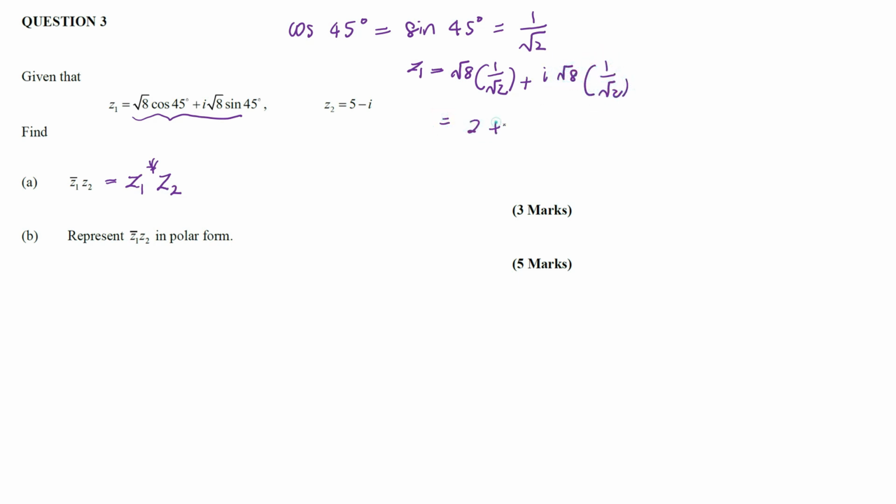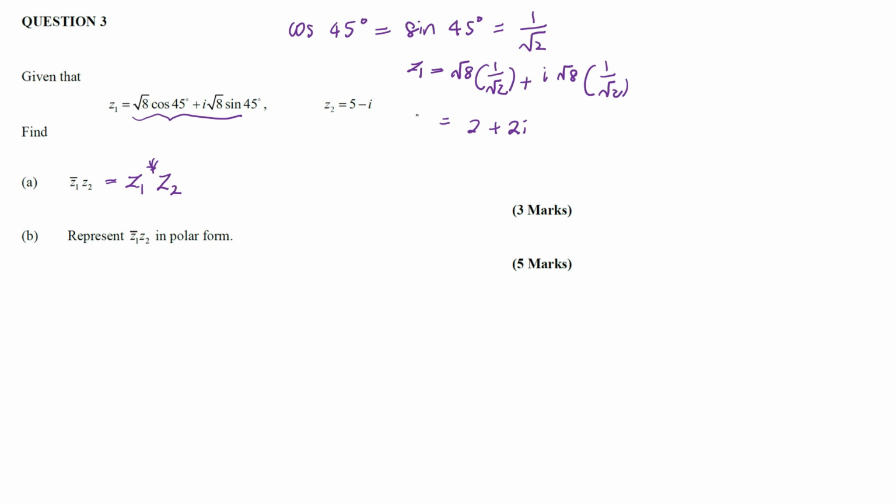Altogether we have 2 plus 2i. Or if you did not know this, you can just press your calculator to find the value of sec 8 cos 45. So make sure you have the degree mode in your calculator to press cos 45, because this one is in degree, not radian. So we have simplified the z1.